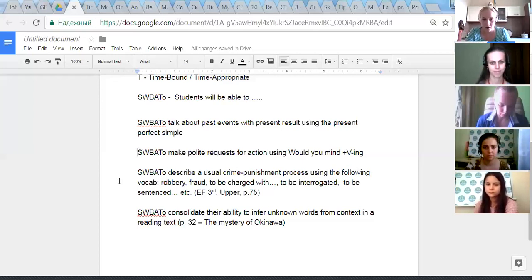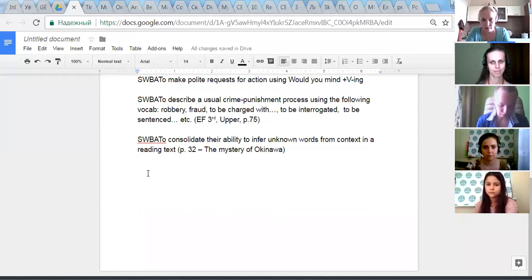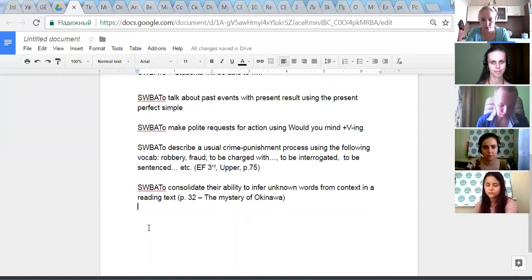So if we write the formula of a lesson aim, I'll put it like lesson aim formula. Help me, please. What shall I put here? What goes first?